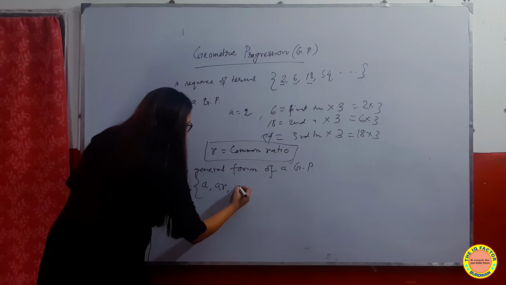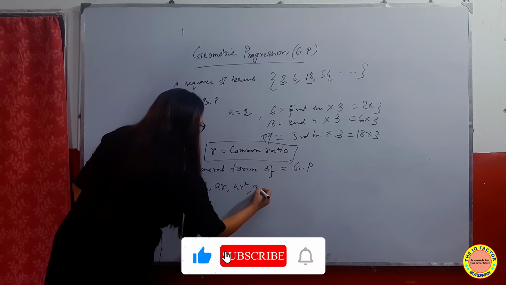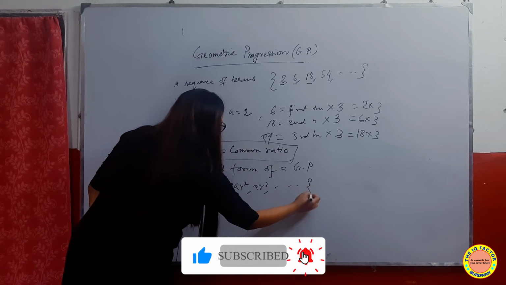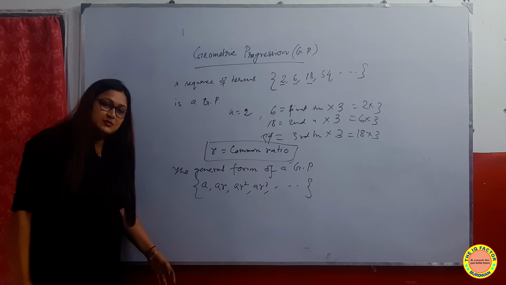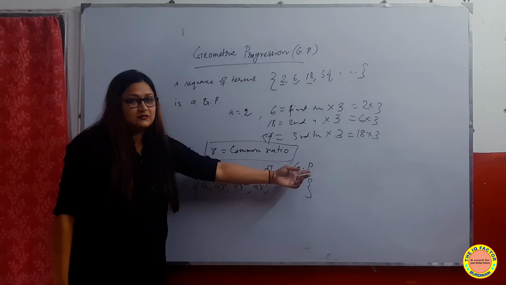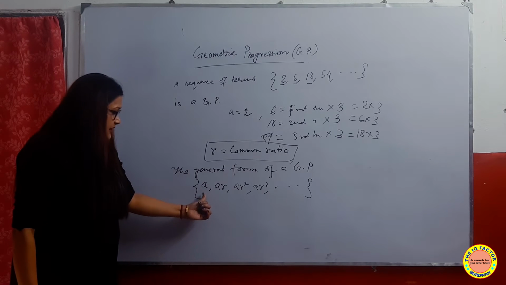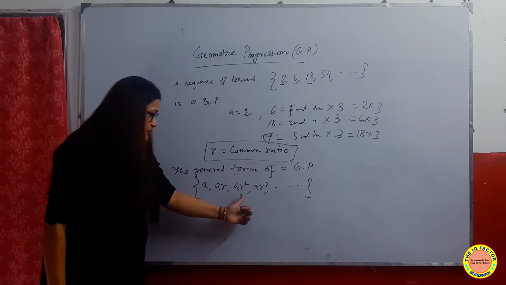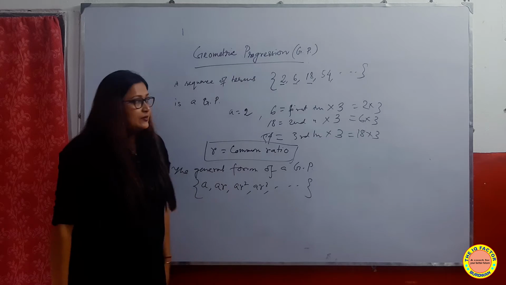Again, AR into R, AR square, AR cube, like this. So I think it is very much clear to you how we can have the general form, that is A, AR, AR square, AR cube, and so on.